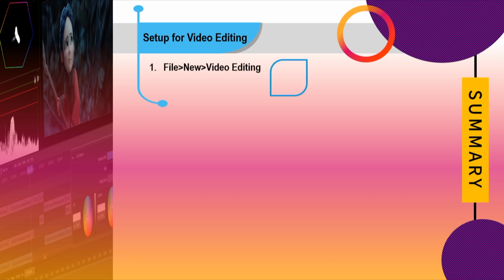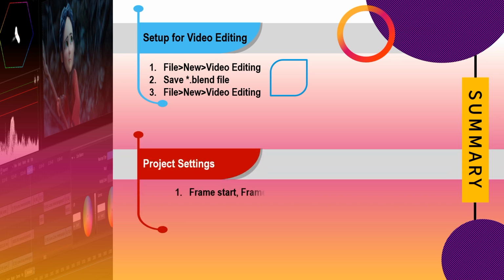We went to File, then New, then Video Editing, and we saved the blend file. Then we saw the project settings, the starting frame, the end frame, and output.